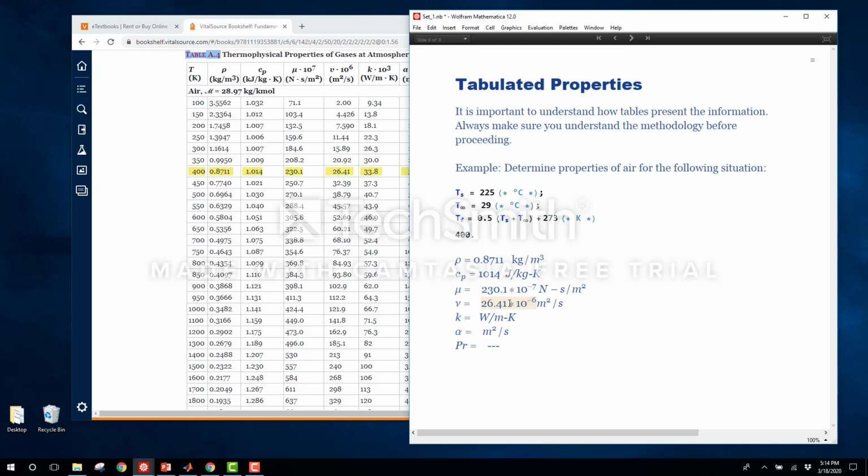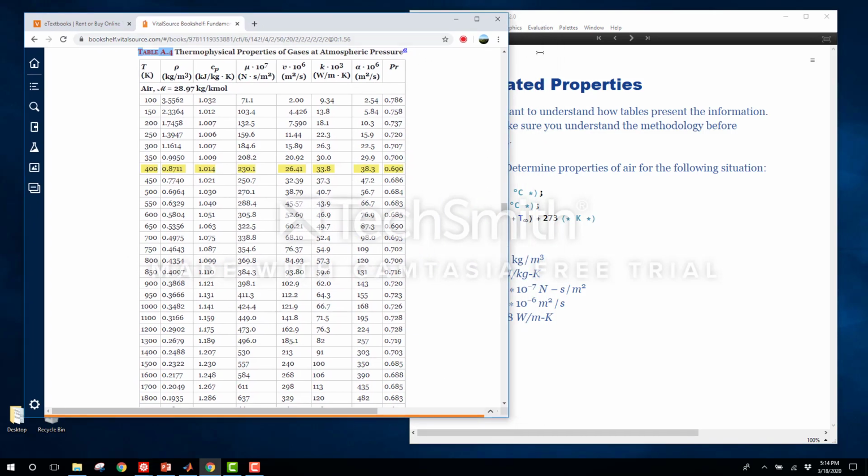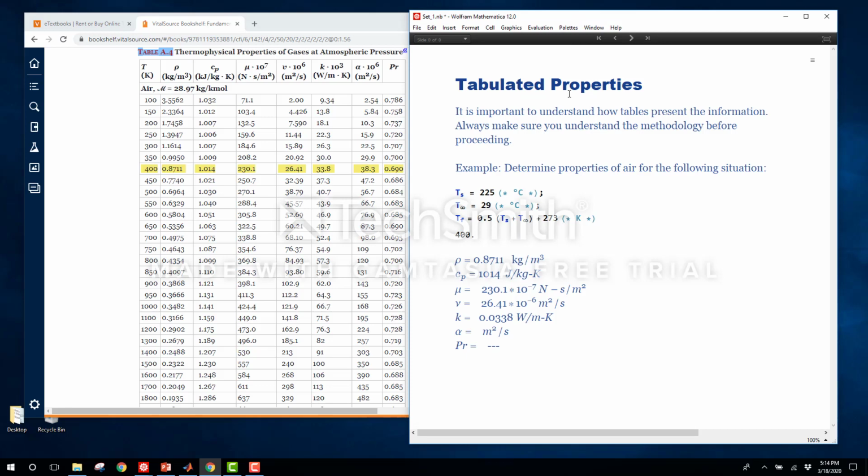Much the same for the thermal conductivity, though since it's only multiplied by 1,000, we'll typically write this value, in this case, as 0.0338. And for our thermal diffusivity, we're at 10 to the minus 6, so this value is 38.3 times 10 to the minus 6.